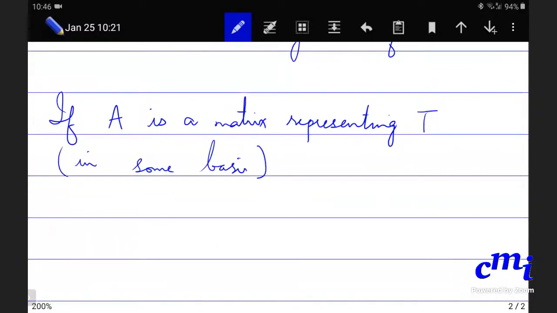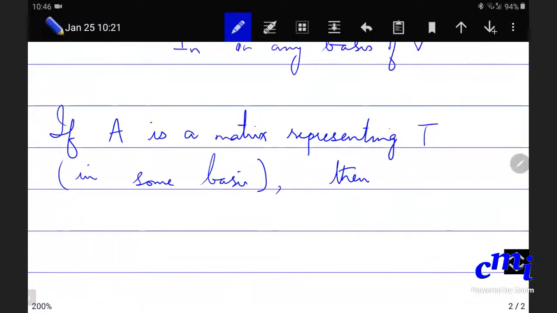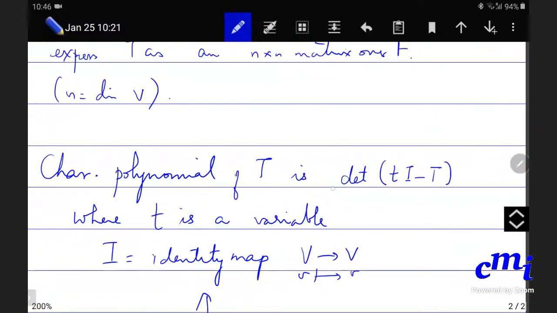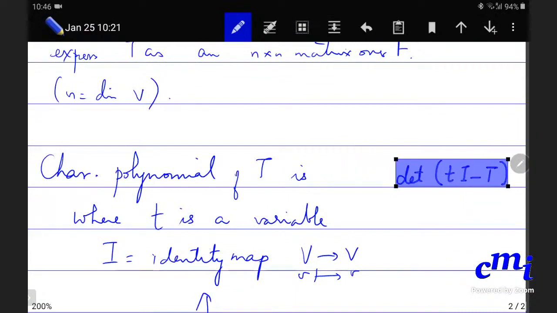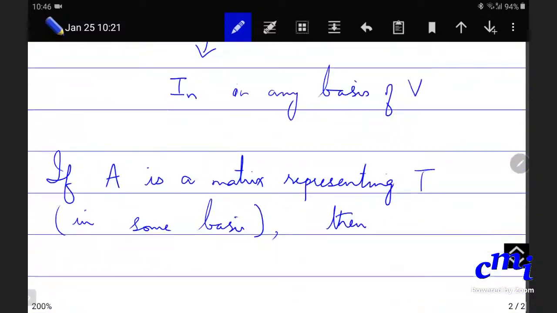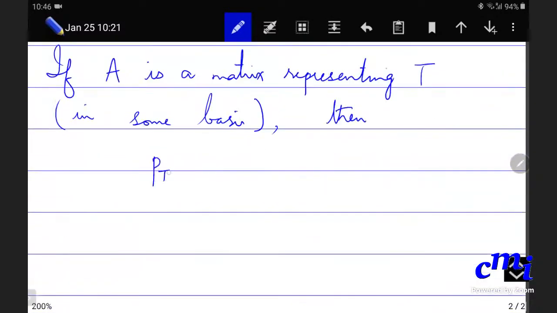If A is a matrix representing T in some basis, then we will denote the characteristic polynomial by P. Then P_T of t is the determinant of t times identity minus A. So now it's very concrete.